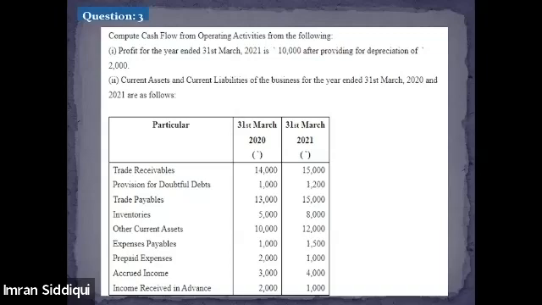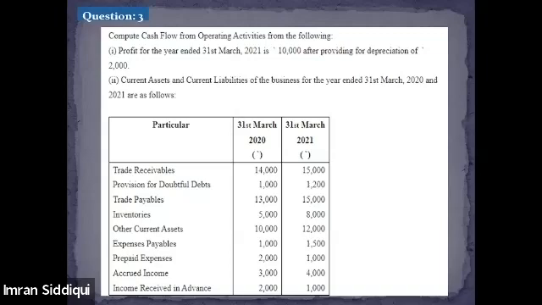Alexander? Yes. Right now? So these are increasing, I'm sorry, increasing. So therefore we have to subtract it. Other current asset goes from 10,000 to 12,000. Similarly, accrued income goes from 3 to 4,000, right?